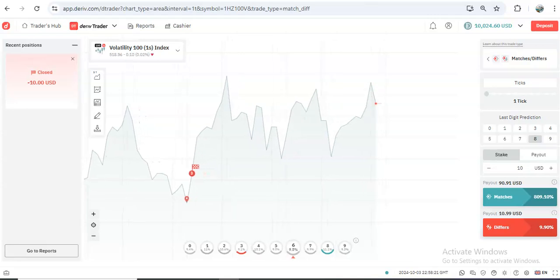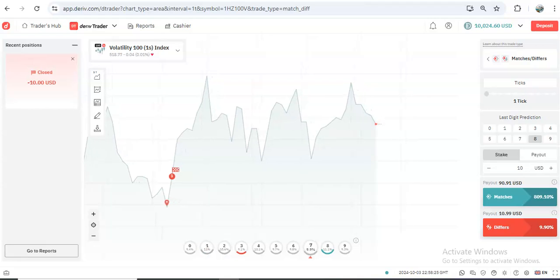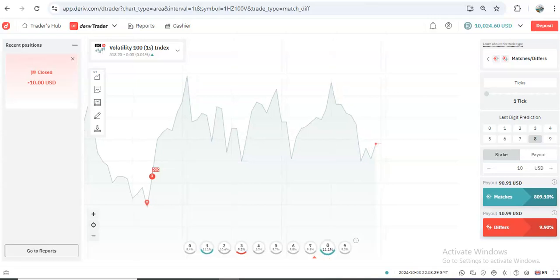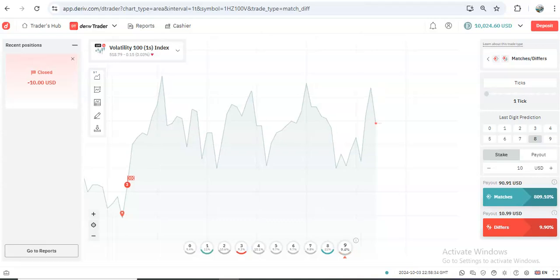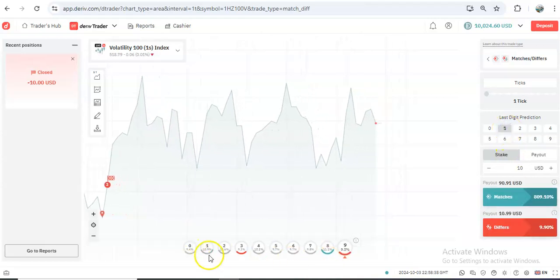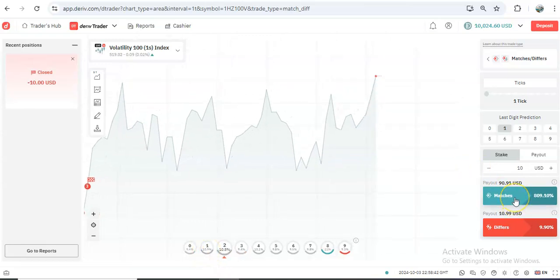So that's another strategy, guys, that I have to tell you, something you need to know. Try looking at when they are trying to share the green bar, if you want to match the digits. Like this one, you can try matching 1, because you can see 1 is increasing, it's trying to take over from 8.